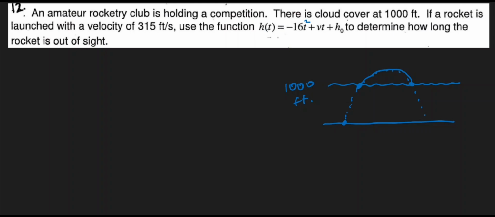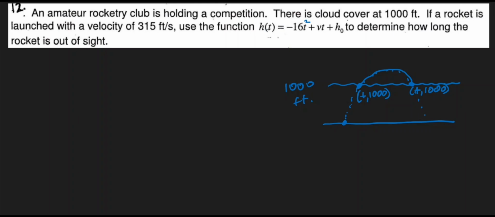So we're solving for the time t when the y value, the height, would be 1,000 feet. And then we're solving for the other time t where the height would be 1,000 feet. So we should end up with two different time values, because it touches the 1,000 feet level at two different points.